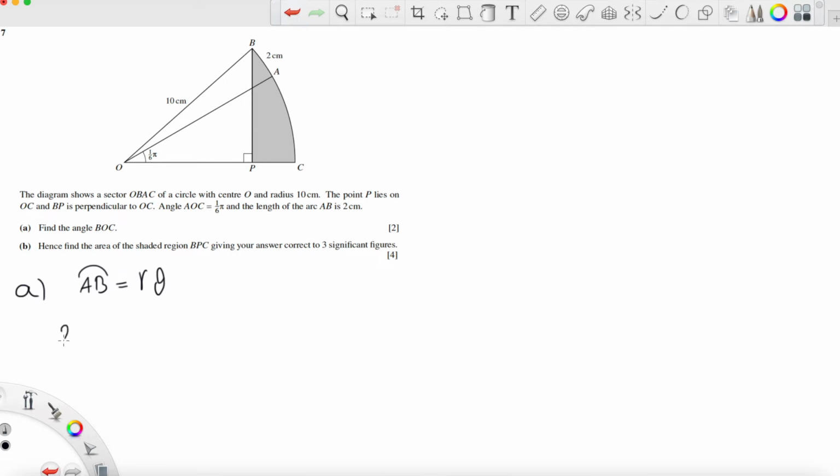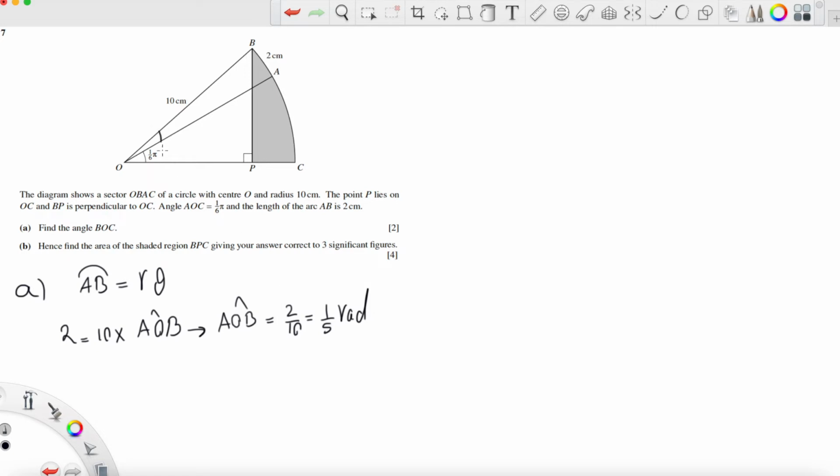So I replace: 2 is equal to the radius 10 times the angle AOB. So angle AOB will be equal to 2 over 10, which is 1 over 5 radians.